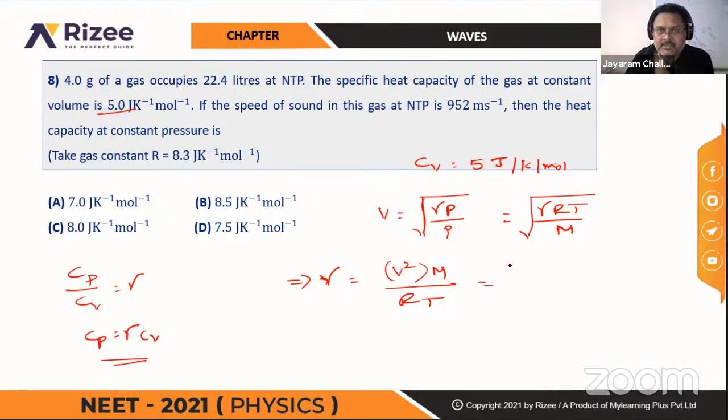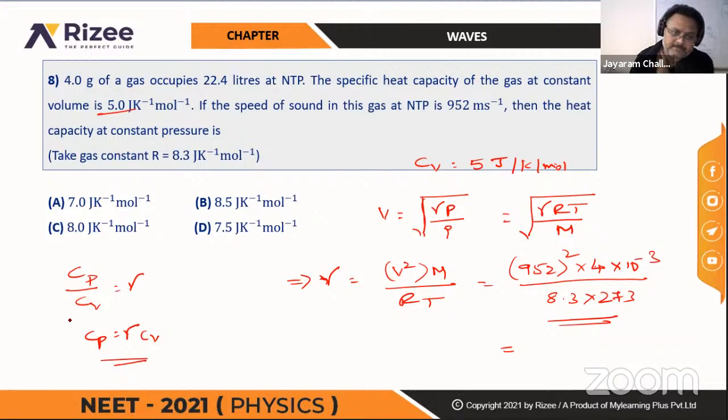Velocity is 952, whole square, into molecular weight, which is 4 grams. He has given, convert them into kgs, 10 to the power of minus 3, by R value, we take it as 8.3, into 273. You need to calculate this entire thing and substitute in Cp is equal to gamma into Cv, then you can get the corresponding answer.